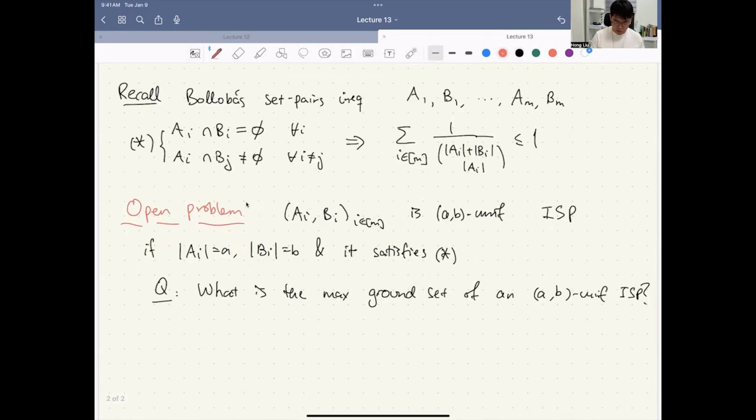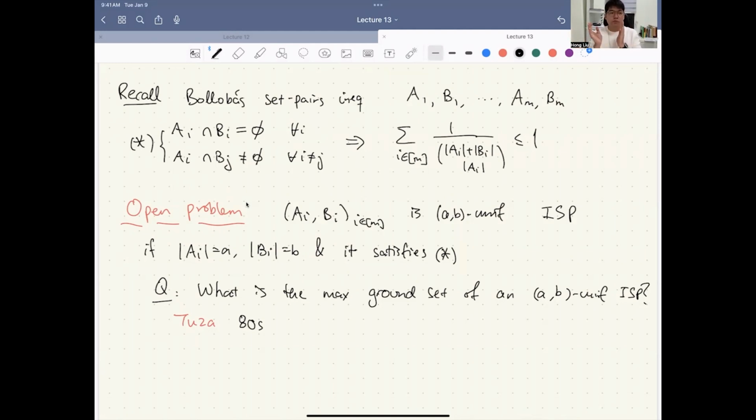So this is a conjecture of Tuza. Let me remark, in the 80s, Tuza obtained the bound on the maximum size of the ground set of an AB uniform ISP within a constant factor of 4.